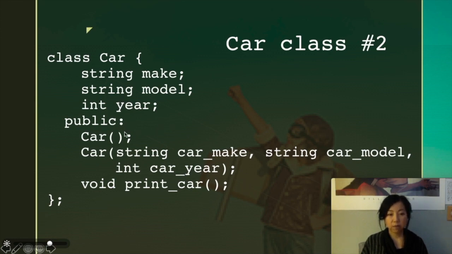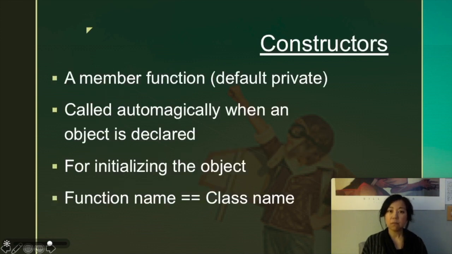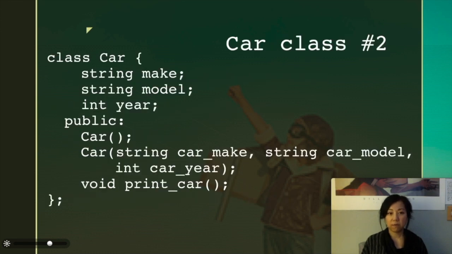So right after public, we expect the constructor to be there. Constructors are called automatically when an object is declared, for initializing the object. That's the purpose of a constructor. And the function name, like mentioned, is the name of the class, Car.